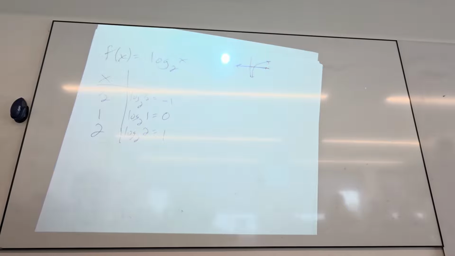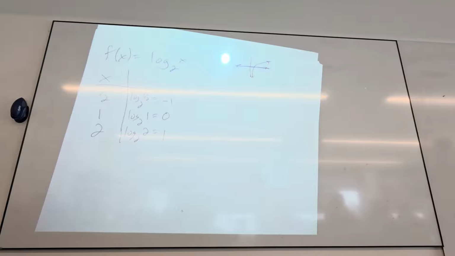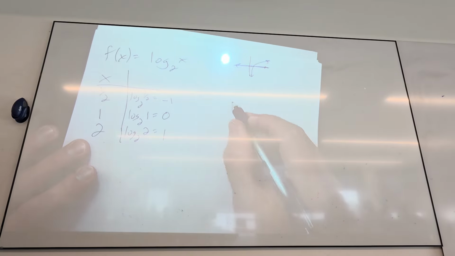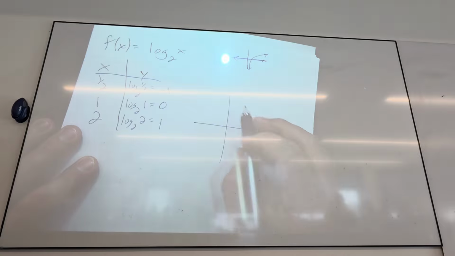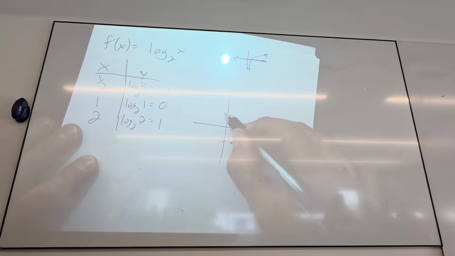They're the inverse of the points you would use for 2 to the x; they just all switch because they're inverses of each other. So if I plot these points, I only need 3 points because I know the shape already. At 1/2, it's negative 1. At 1, it's 0. And at 2, it's 1.